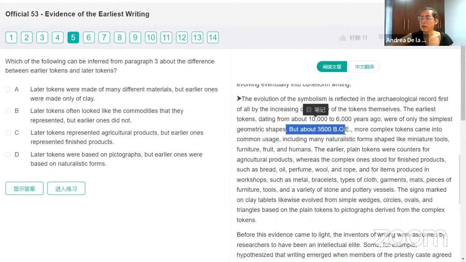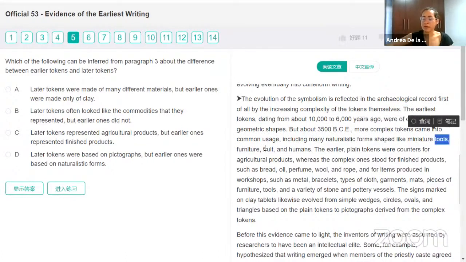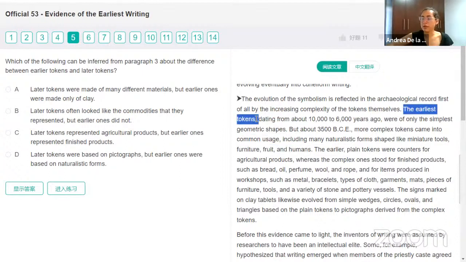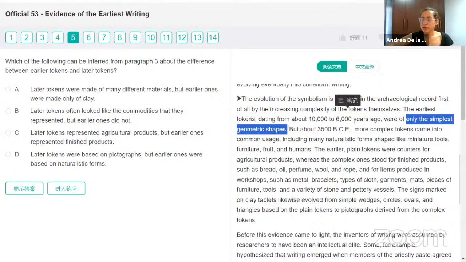Sabemos que los later tokens se veían o estaban en formas de herramientas, muebles, frutas, humanos. Entonces puede ser que las formas eran los bienes que representaban. But earlier ones did not. Puede ser porque probablemente los earlier tokens, las fichas antiguas, no representaban formas geométricas, sino otras cosas que estaban representadas a través de formas geométricas.